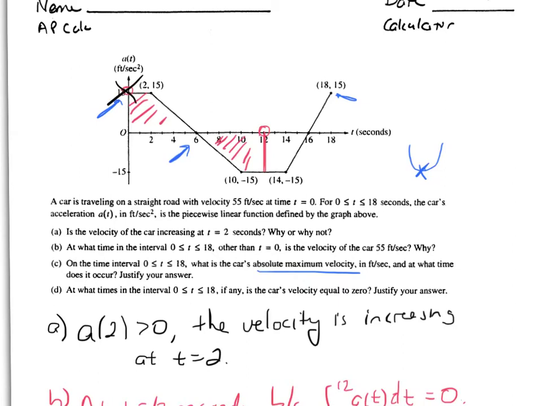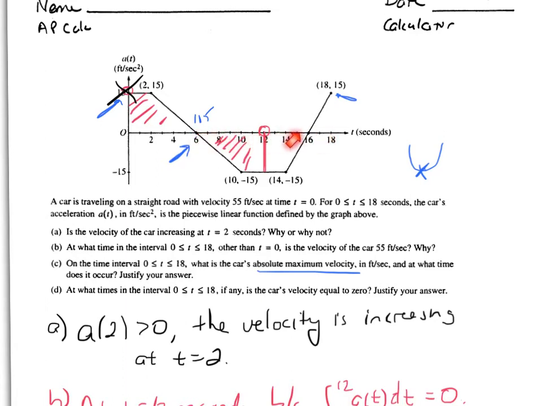Now we know that the velocity over here at t equals 6 is 115 feet per second. But then the velocity is going to decrease, decrease, decrease, and then increase just a little bit. So the velocity is spending more time decreasing than it is increasing. So that would mean that the integral between 6 and 18 would have to be negative.